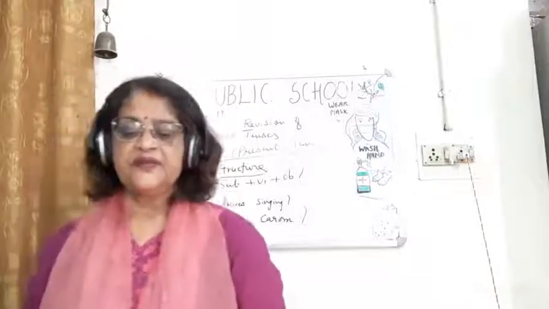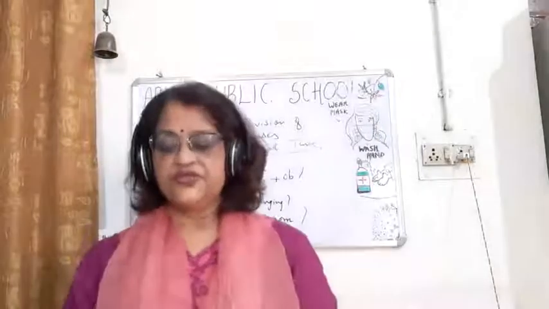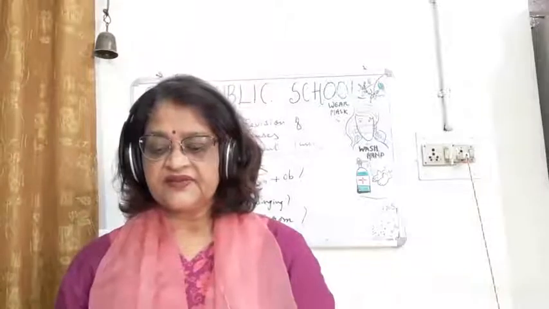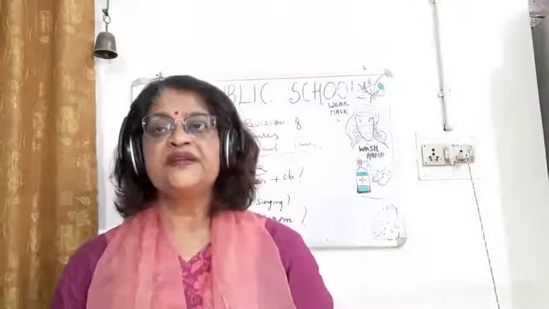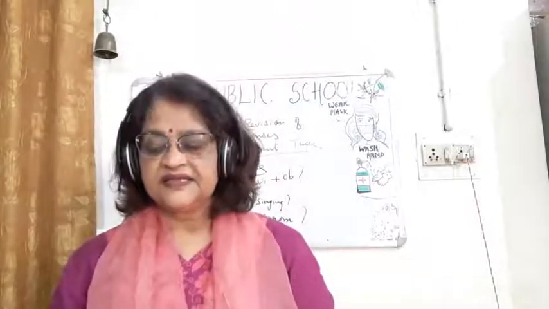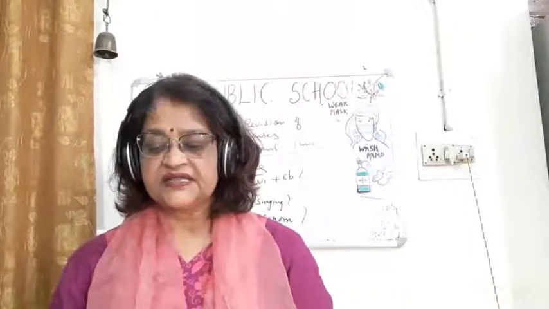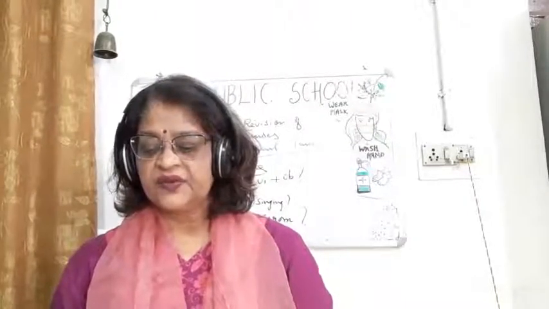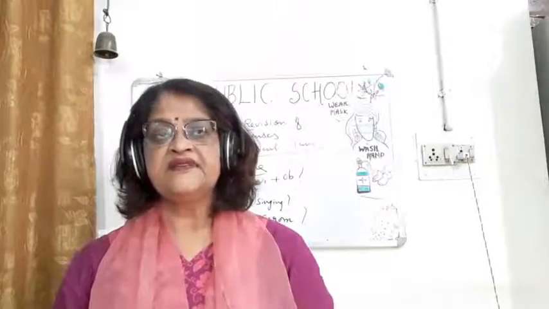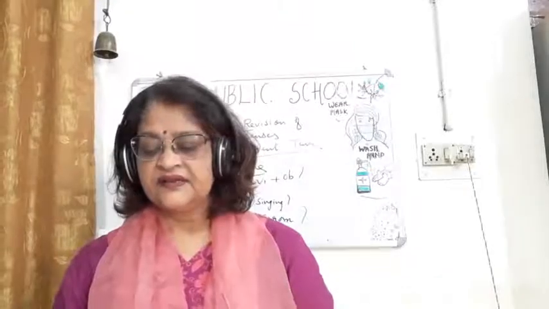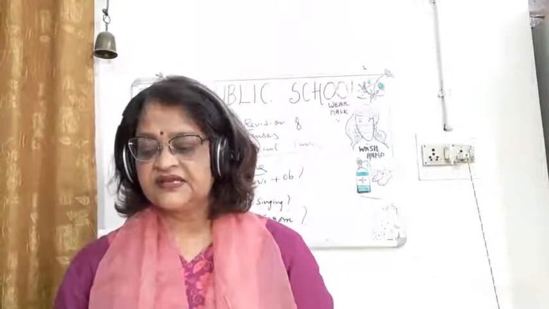Now children, many people are confused where to use s or es. One thing which I will be telling you: when the base form of the verb ends with o, ss, sh, ch or x, es is added. Like finish, it ends with sh. Then reach, it ends with ch.